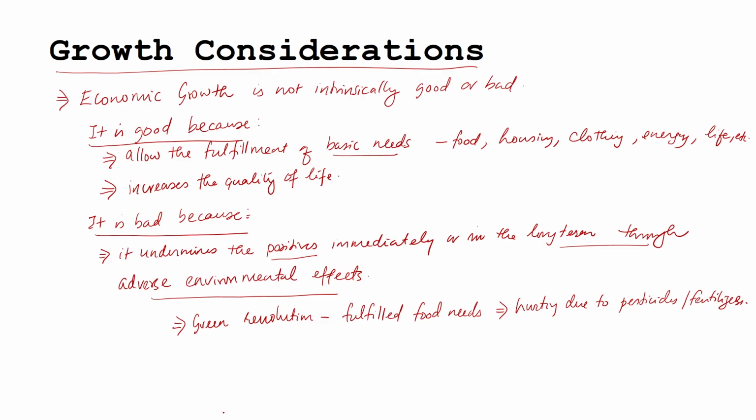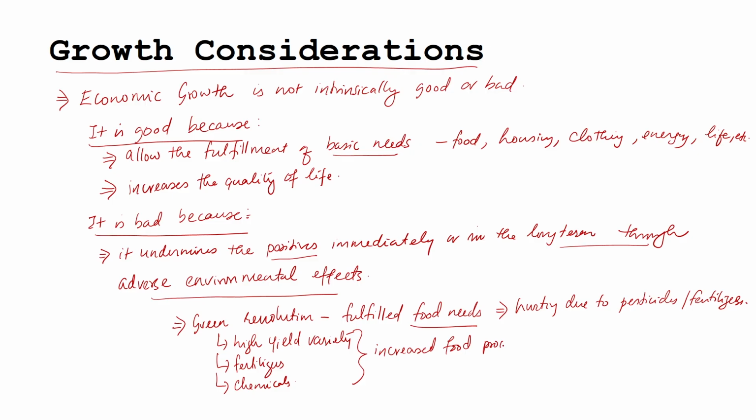Okay. So, green revolution, though it fulfilled our food needs, is the use of high yield variety fertilizers and chemicals, which are weedicides, pesticides, etc. All of these together increased food production, or what we call per hectare yield, significantly.